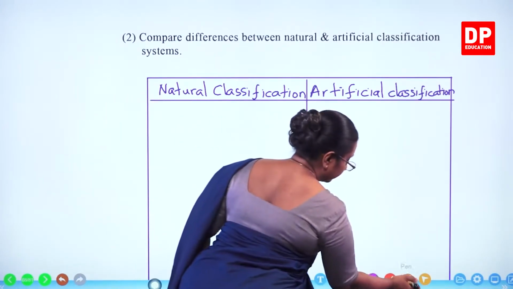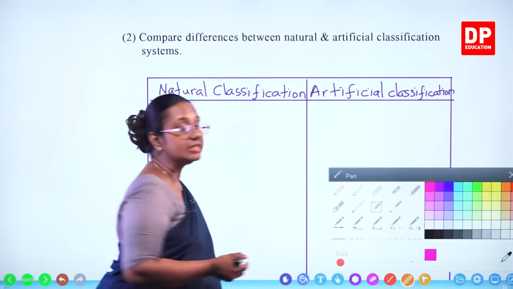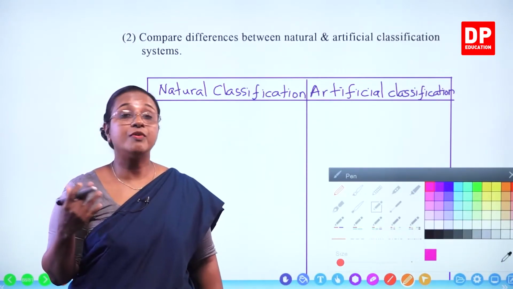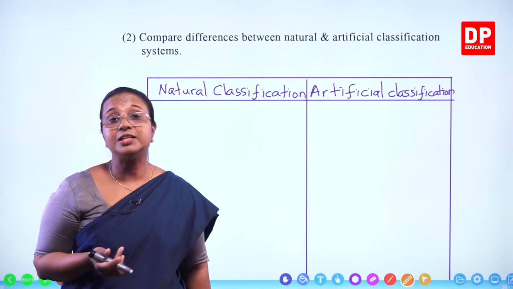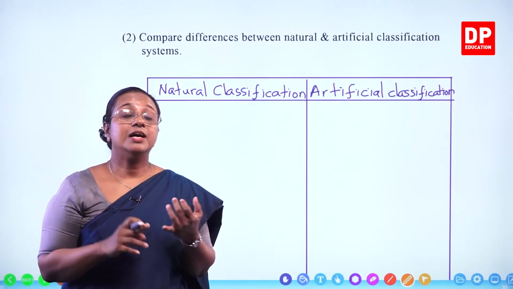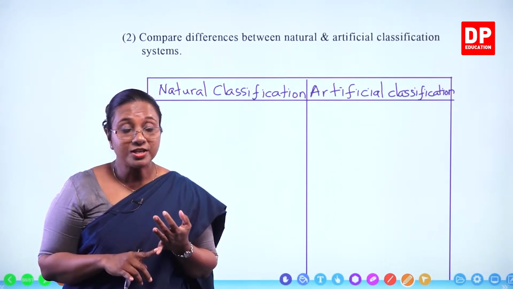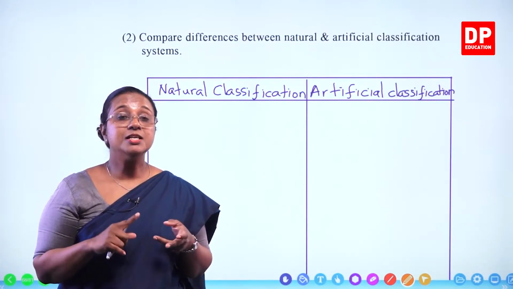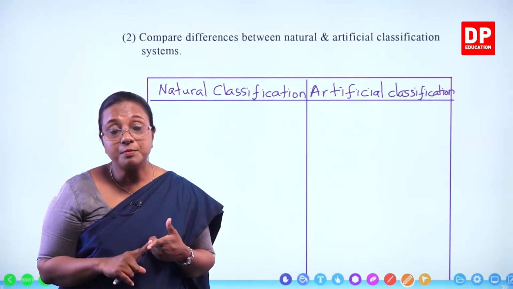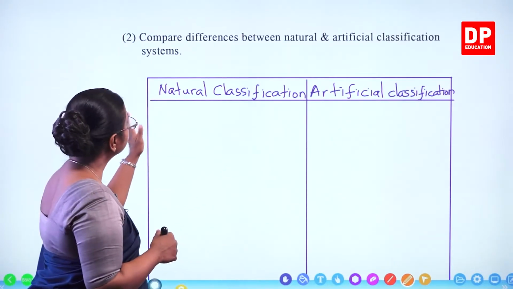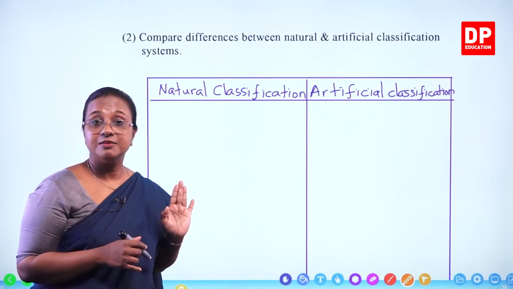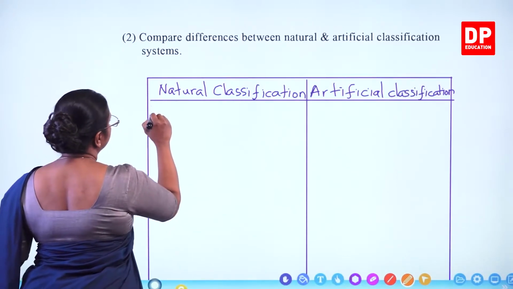Under that, if we consider the concept used for classification, how do we classify in natural classification? We consider the morphology, physiology, cytology and molecular biological features. Those are the characteristics considered for classification.